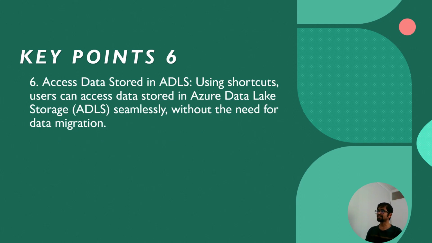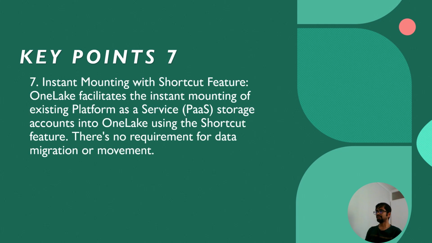Then we have access data stored in ADLS. This is a continuation of the previous point. Using shortcuts, we can access the data available in data lake Gen 2 storage accounts without the need of data migration. Then we have shortcuts again, which is something that is being repeated: there's no requirement for data migration or movement.